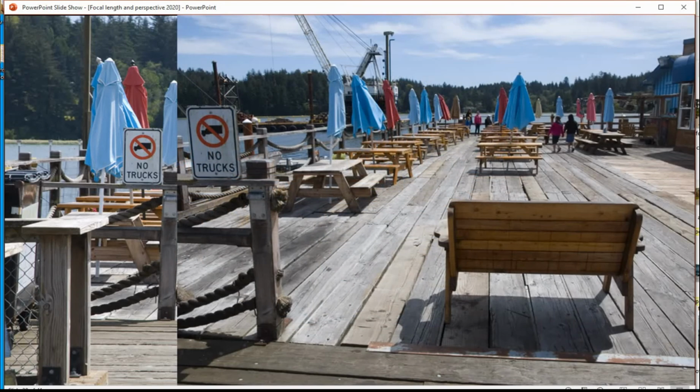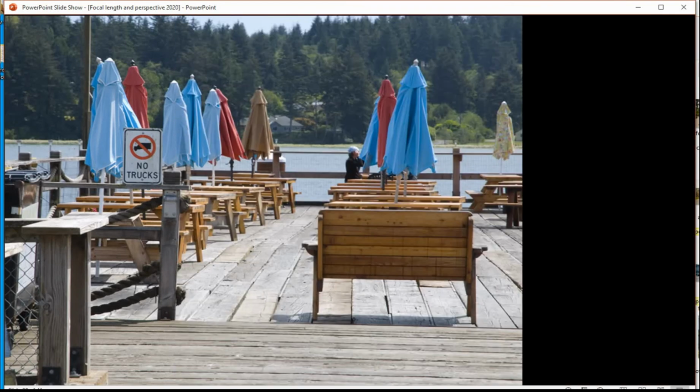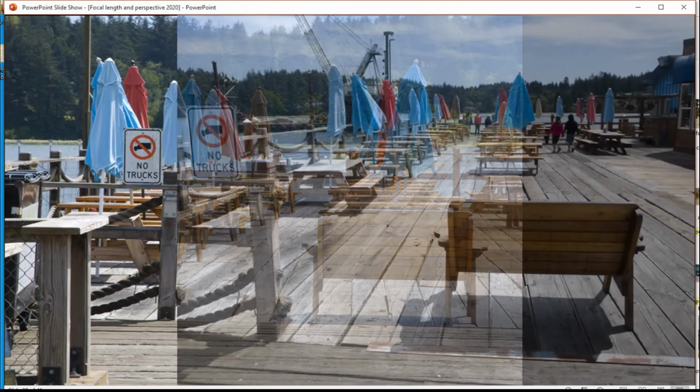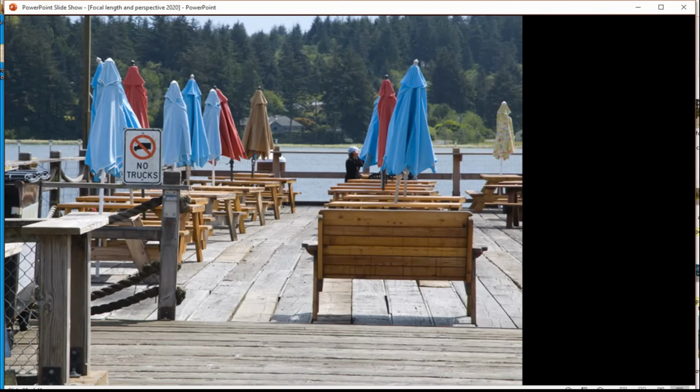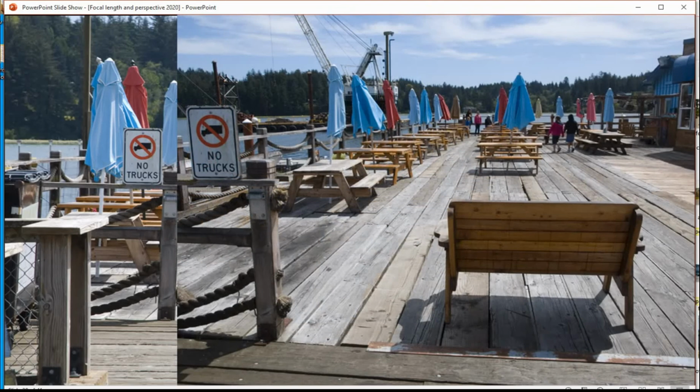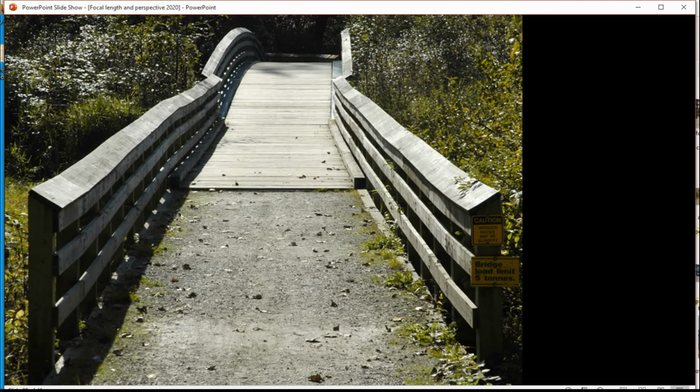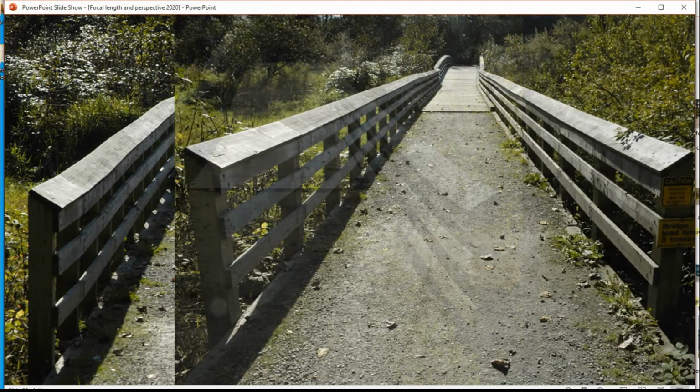Now, what's important about this is to realize that those background trees are the same as the background trees here. And that bench you see in the front is the exact same bench as that one in the front as well. They're the same bench. It hasn't moved. Same idea here. Bridge. Bridge with a wide angle.